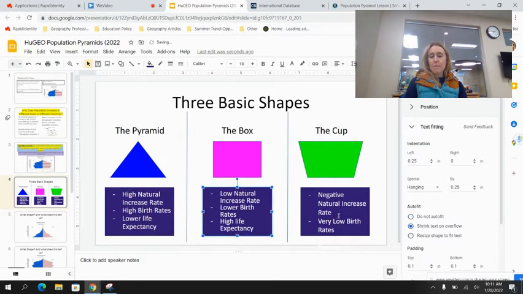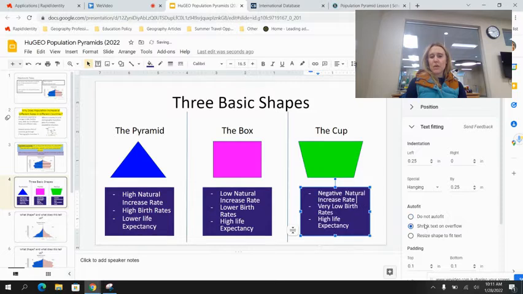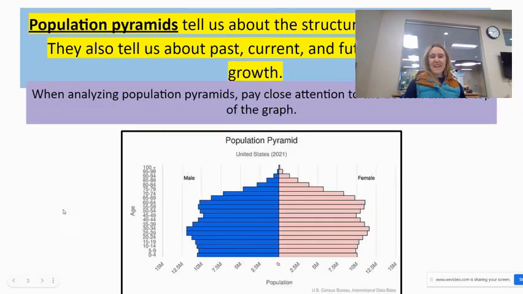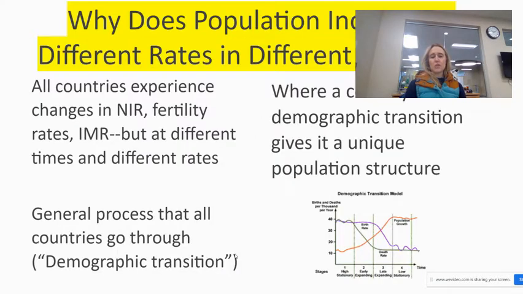there are some basic shapes that you're going to want to recognize when you're taking a look at population pyramids. The first basic shape is, just like the name, a pyramid. It has a wide base. That last one we took a look at didn't really have a huge wide base, so I would definitely not say the United States is a pyramid shape.